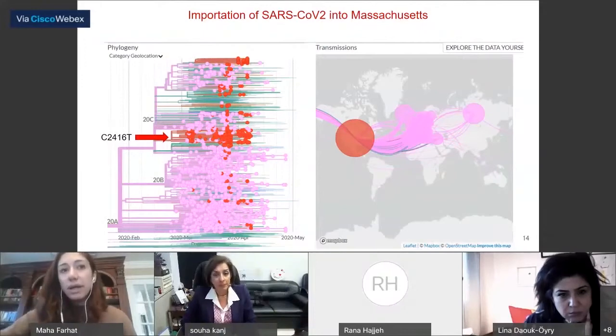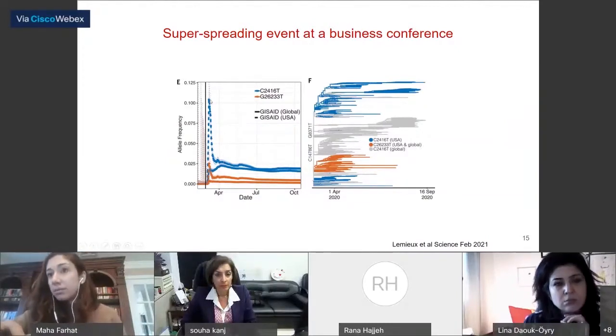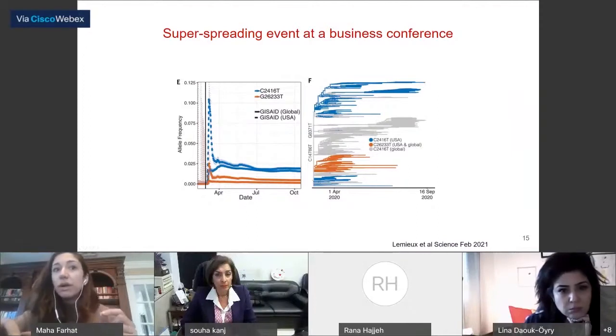Interestingly, this genotype constituted the grand majority of strains in Boston early on in the pandemic. We did get more diversity as more importation happened, because we estimated a total of approximately 120 importations of SARS-CoV into Boston in that time period.